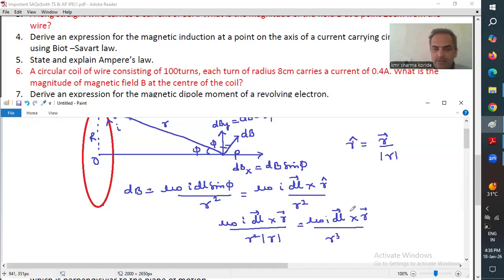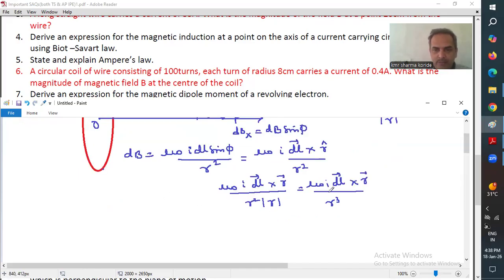If you remove the cross, you will get the sin phi, because on the cross product between the position vector and dl, you will get sin phi. So dB equals mu naught I dl r sin phi divided by r cube, so again you will get r square.